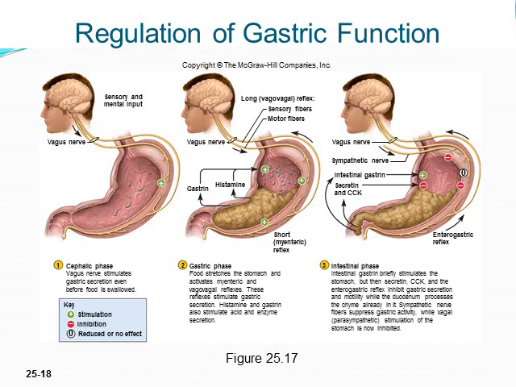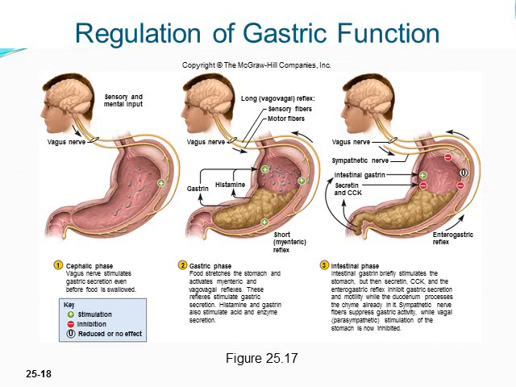Then you have your gastric phase. This is when the gastrin and the histamine are causing the increased secretion of those enzymes and HCl to allow for the digestion of the food that's coming into the stomach. And this is when food actually stretches the stomach. So that, the middle one here, gastric phase, is internally controlled.